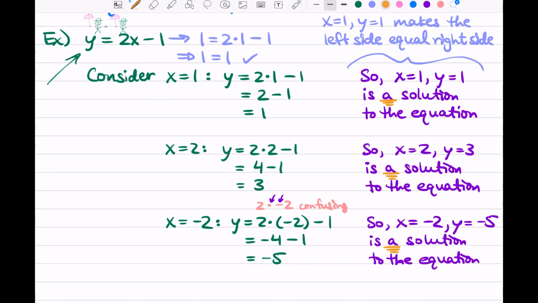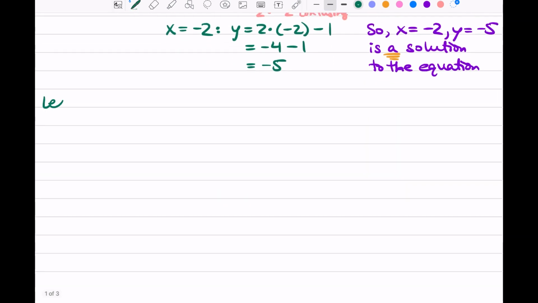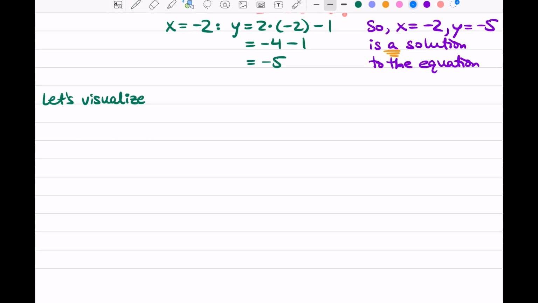So how about we try to find a way to visualize this? Sometimes making a little picture of what's going on in math can help you to connect the dots. I'm going to draw a couple lines here. And let's say we're going to have one line for our y values, and then the other line is going to have our x values. And let me make some little tick marks here.